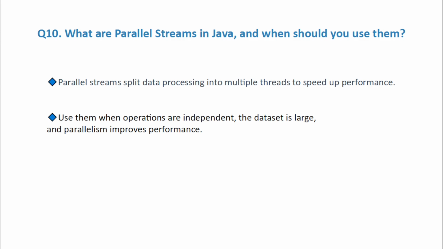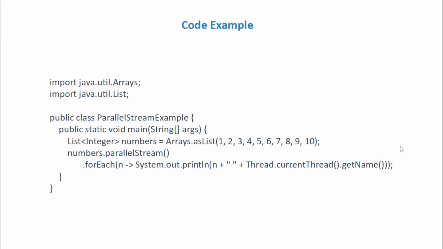Now let's discuss parallel streams. It's a great way to speed up data processing. A normal stream processes elements one by one on a single thread, and a parallel stream splits data into chunks and processes them on multiple threads concurrently. In our example, we create a list of integers, and here we create a parallel stream where tasks are split across multiple threads.